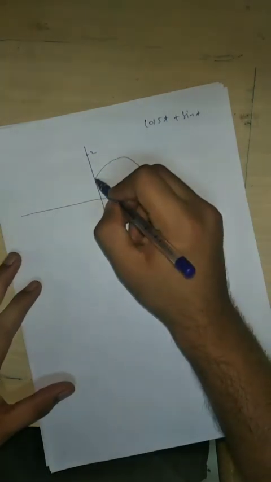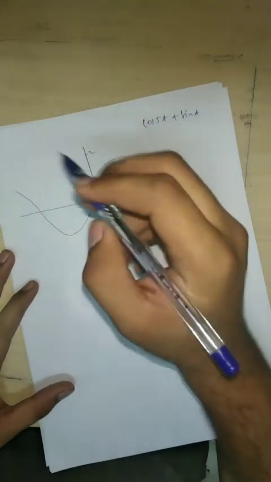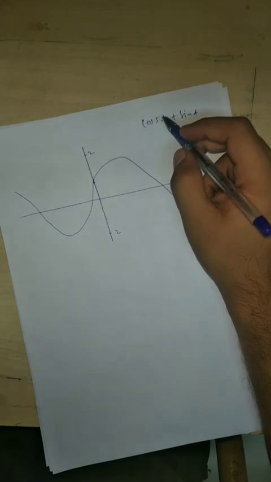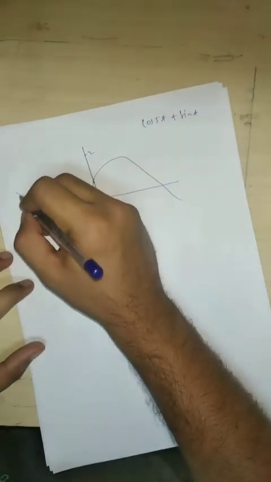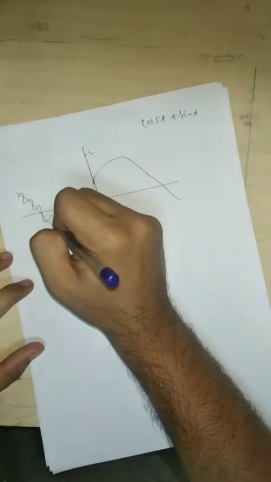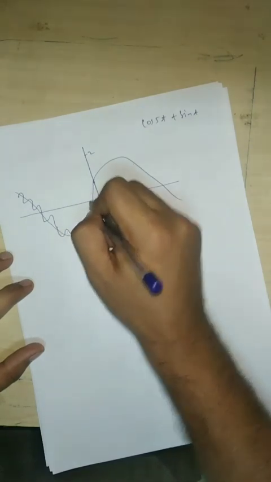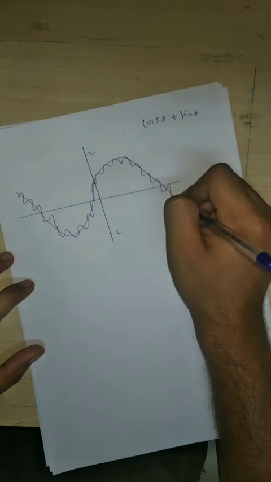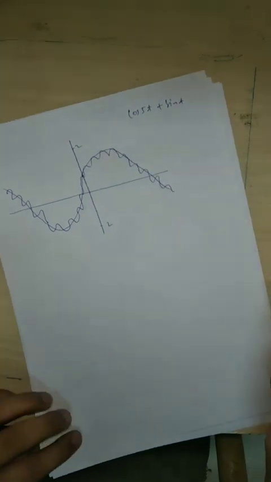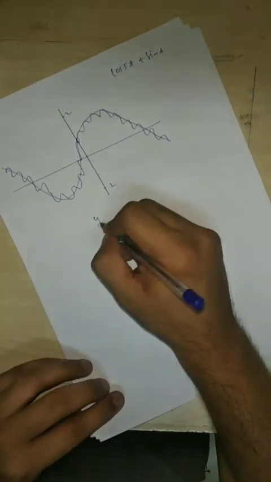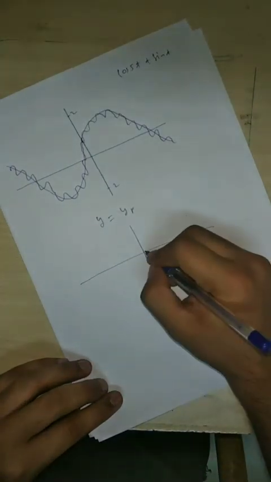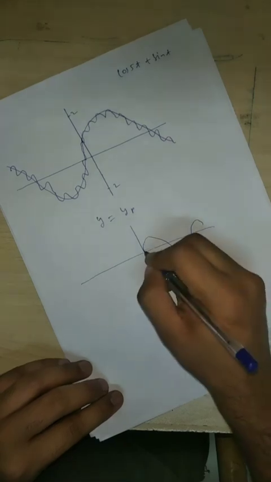Since the cos frequency is 5 times higher, the graph will look like this. For y equal to yp, it will simply be a sinusoidal graph like this.